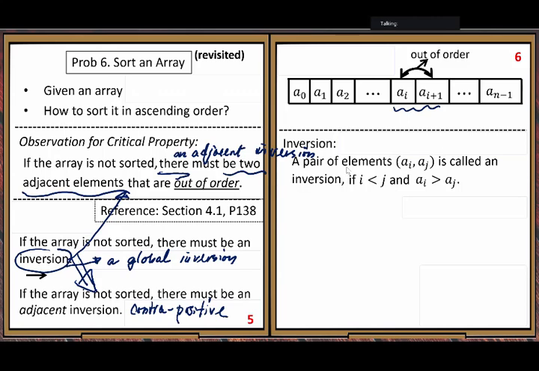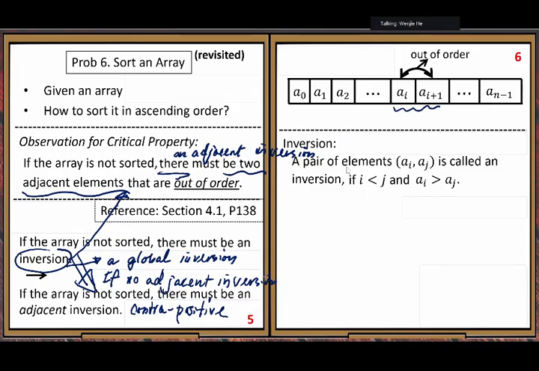So if there is no adjacent inversion, when you select any two adjacent elements, they are in order.